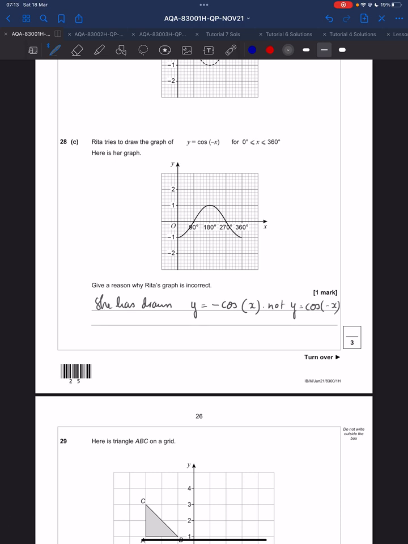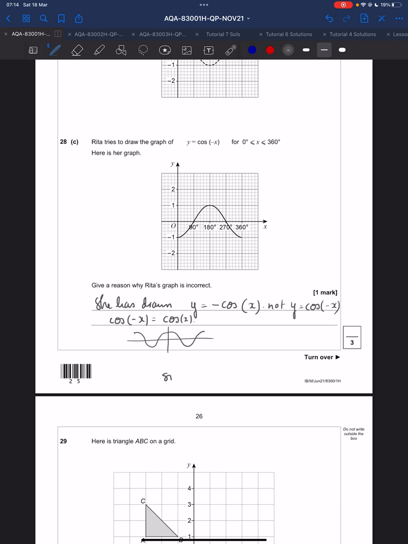Cos of minus x, well, you see the cosine graph looks like this, as you know already, and it continues this way. So cos of minus 90 is the same as cos of 90. Cos of minus 270 is the same as cos of 270. So what you actually have is that cos of minus x is the same as cos of x.